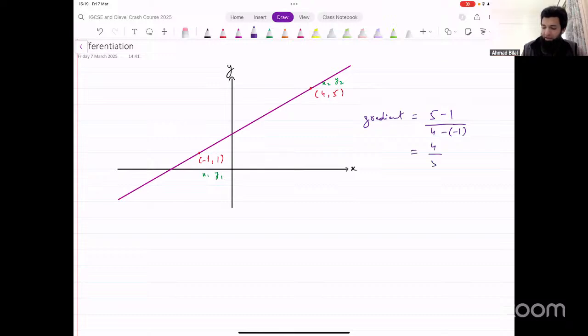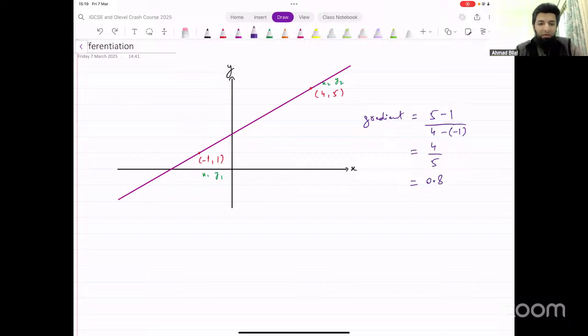That's the gradient of this line, or 0.8. So if we have to find gradients of straight lines, that process is fairly straightforward. We just use the formula y2 minus y1 over x2 minus x1, change in y over change in x, and that gives us the gradient of that straight line.